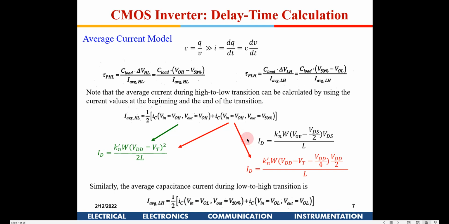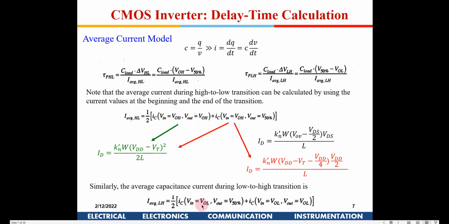So depending on what circuit, what voltage and what technology you are using, the second current could be in linear for 180 nanometer, and in saturation for 45 nanometer at 1 volt. Depending on that you need to use one of these equations, and then you find the average value.